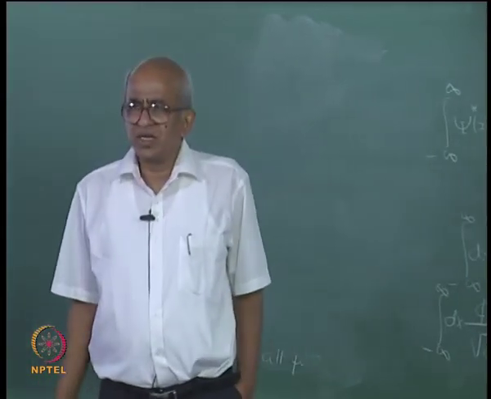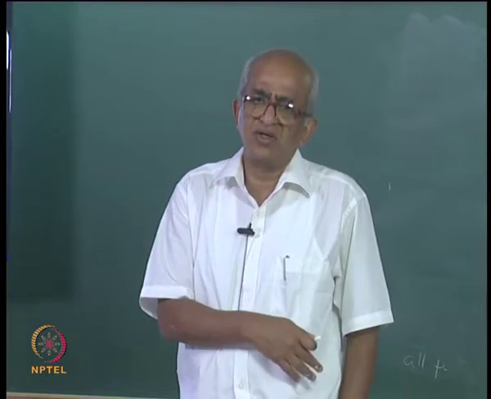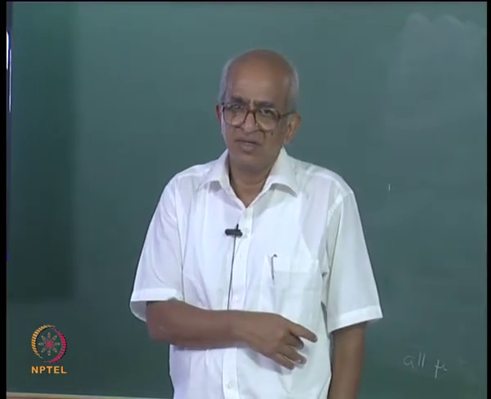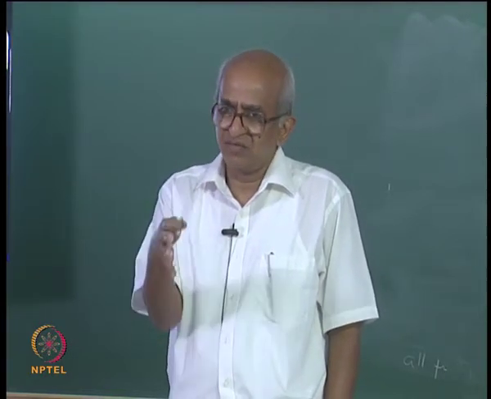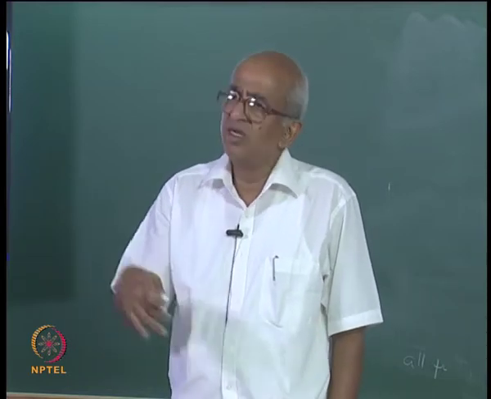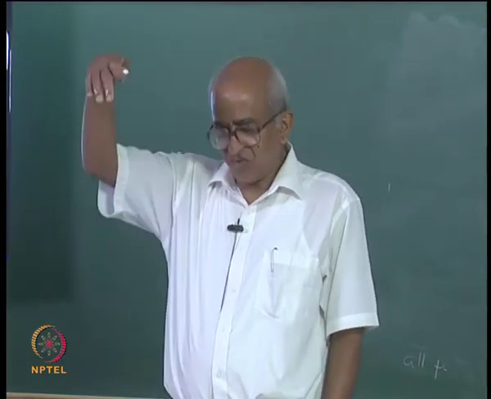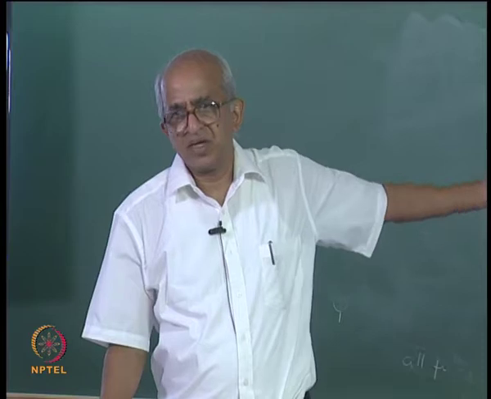So, it appears as if, for any function, I can normalize it, right. How can I normalize it? I take phi multiplied by phi star, integrate from minus infinity to plus infinity. I find whatever that answer is, take 1 by square root of that number and multiply phi with that.